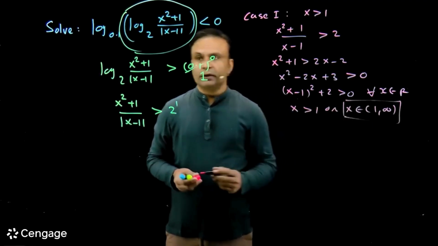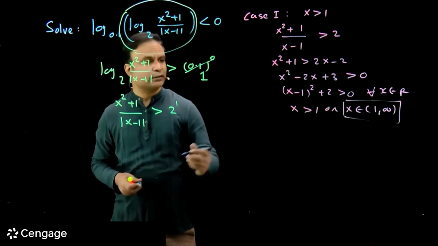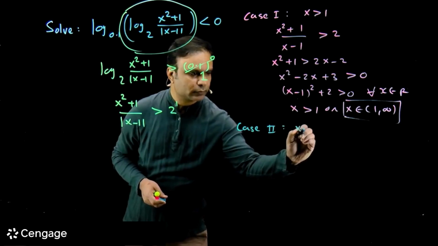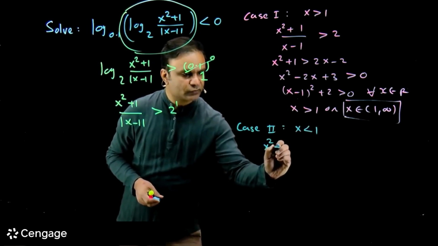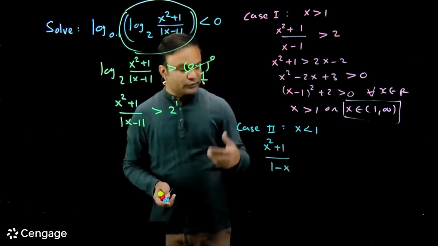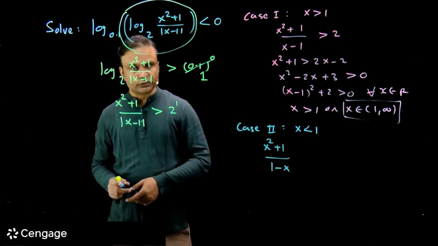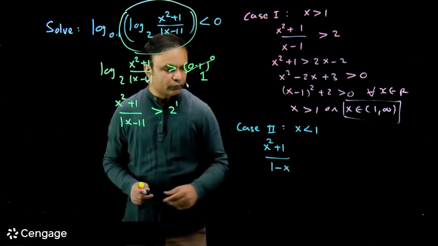Now we consider second case when x is less than 1. So we write (x square plus 1) upon (1 minus x). जब x less than 1 होगा उस टाइम पे 1 minus x positive होगा. So when we remove here modulus sign, we write 1 minus x.